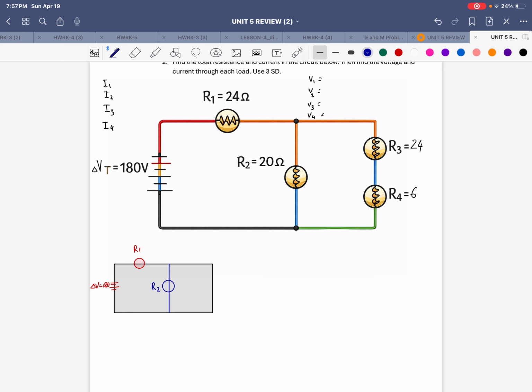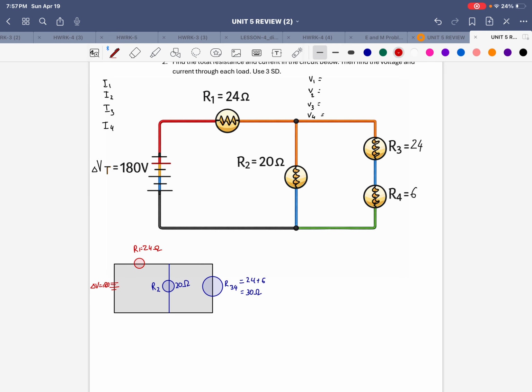And for R3 and R4, we're going to bring them together into one resistor, and we're going to call this by the name R34. Now, because these two are in series, then we add the resistance, so that would be equal to 24 plus 6, or 30 ohms. So R2 is still 20, and R1 is still 24.